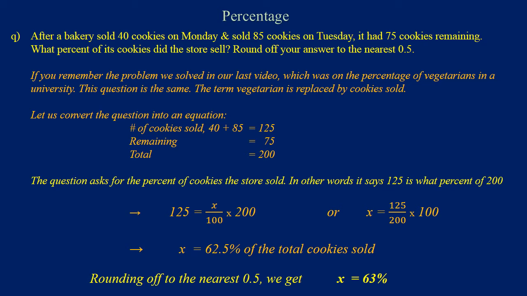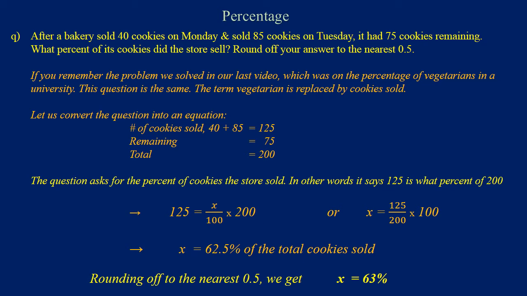So 125 is equal to what percent means x over 100 into the total number of cookies, that is 200, right? And we can also write it down directly by equaling it to 125 by 200 into 100, right?